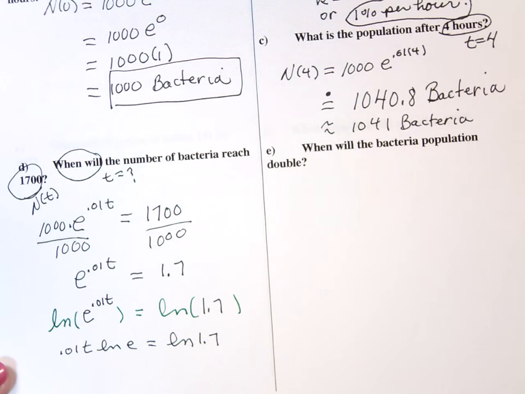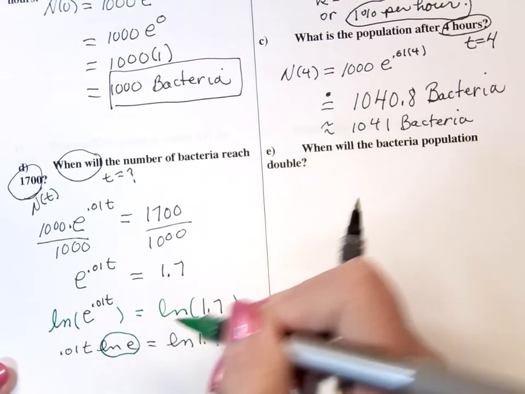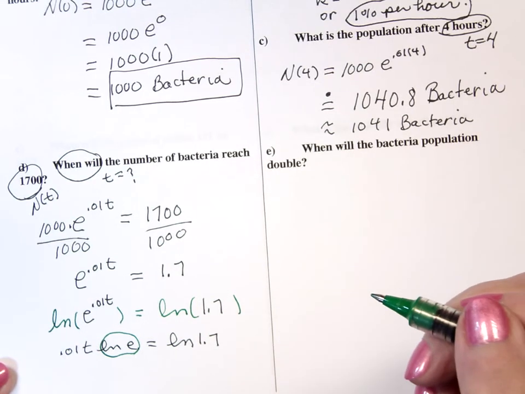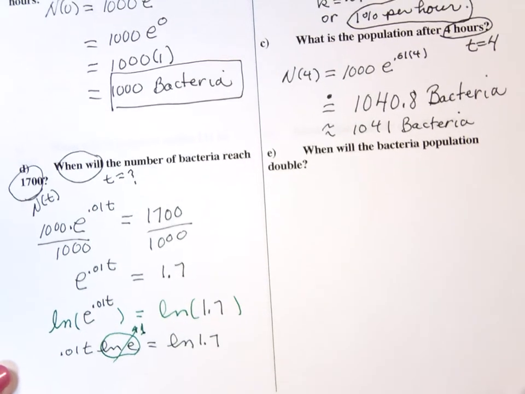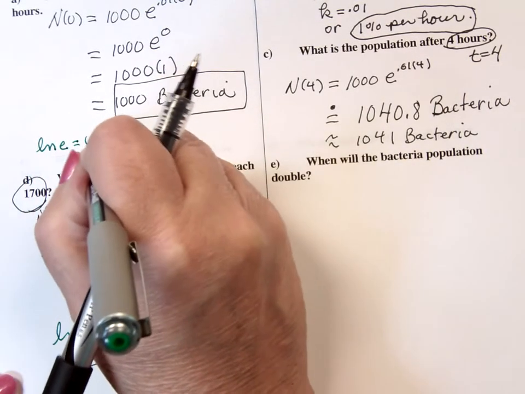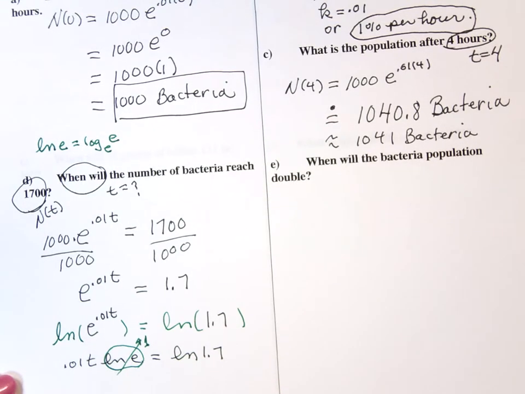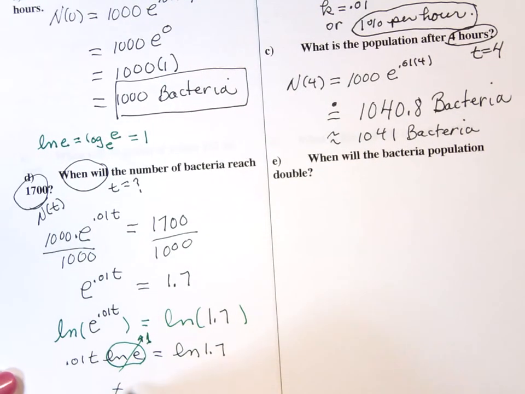And since natural log is base e, what's the natural log of e? 1. ln e is log base e of e, because the base on the natural log is e. And that makes that 1. So t is the natural log of 1.7 divided by 0.01.